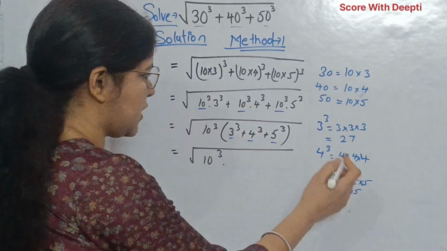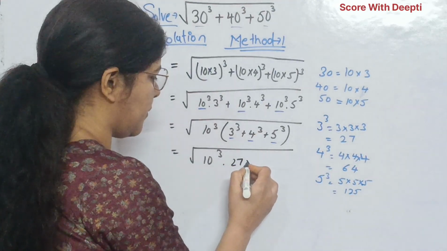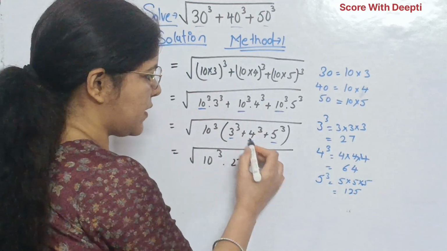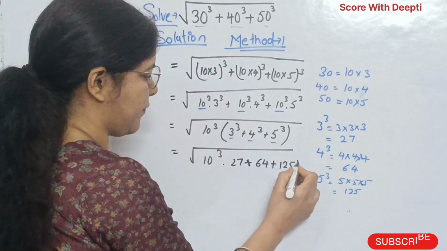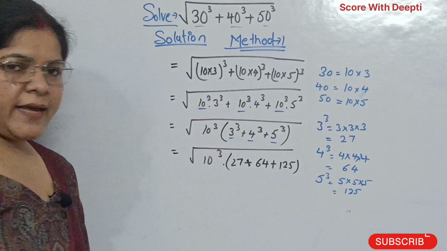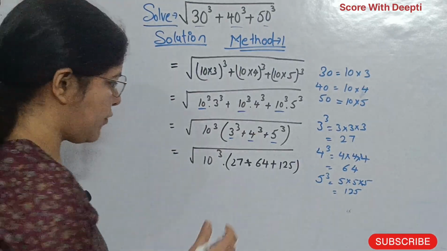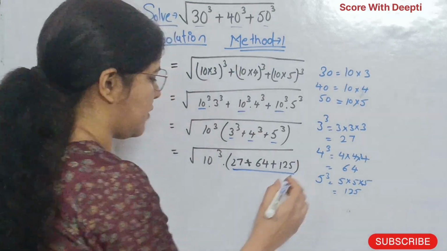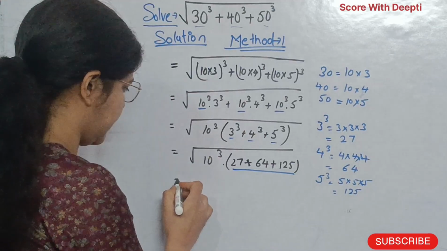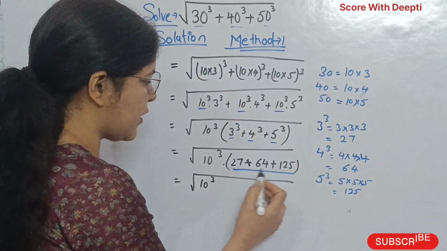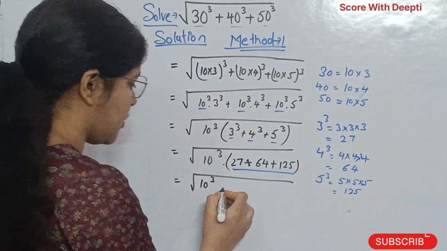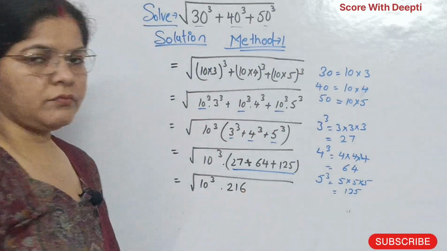In place of this we write 27 plus 64 plus 125 under the square root with 10 cube. After adding these three terms, we get 216.